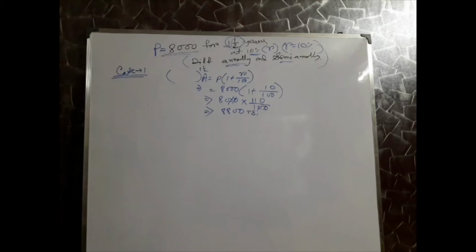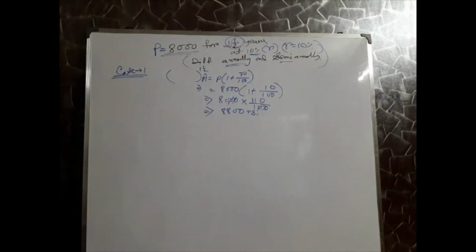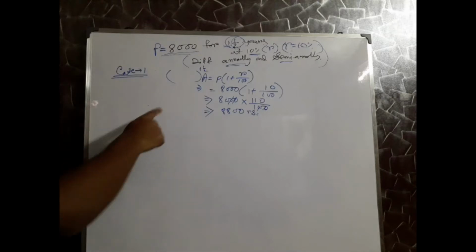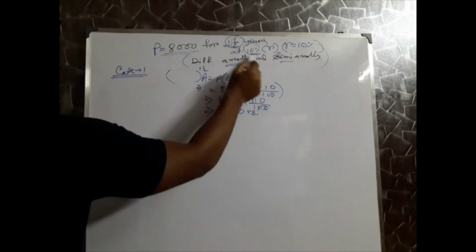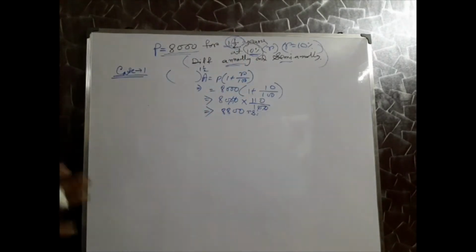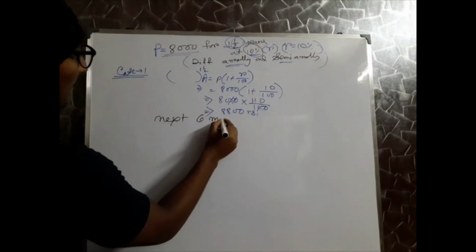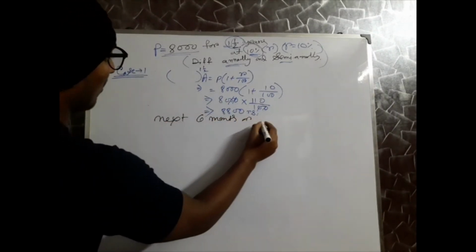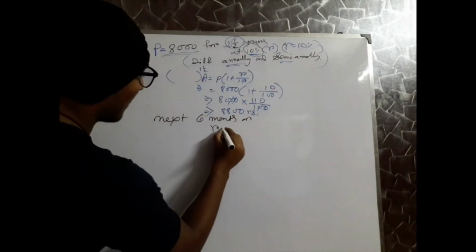But here again the remaining 6 months, or the half year, is there. You can't say that after 6 months the 10% rate of interest is constant, because for the next 6 months, the semi-annual or half-yearly period, your R must be changed.